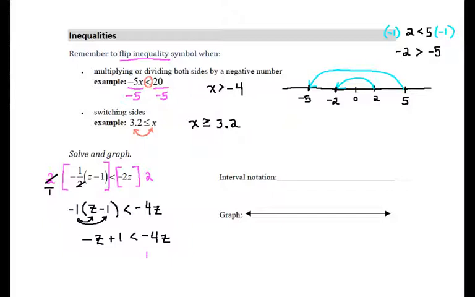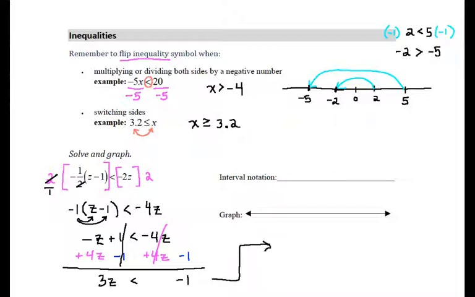I'm going to choose to move the 4z over to the left by adding it, and to subtract the 1 over to the right so that this term is gone also. I now have 3z on the left, a less than symbol, and a -1.